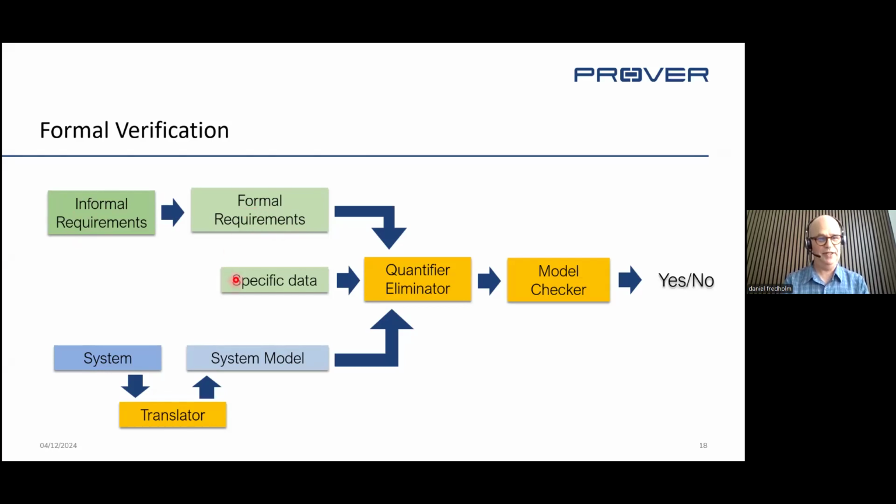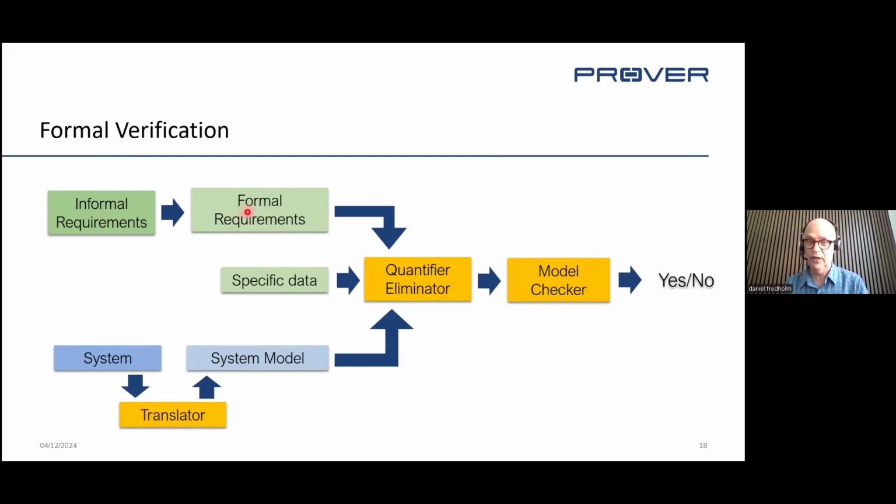We have specific data, meaning the data of a specific rail yard, where this system is put to control the signaling system for this particular rail yard. That system is translated into a system model.